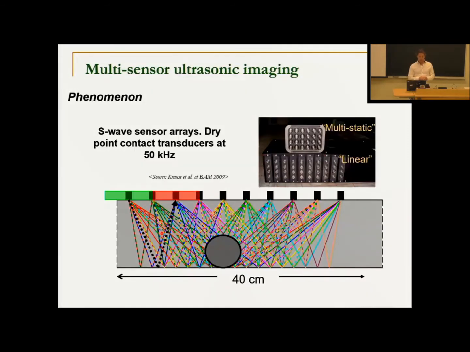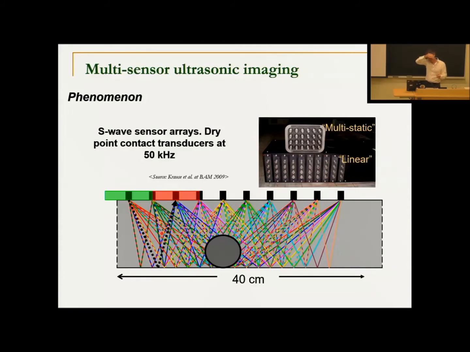Now, the idea here is that, as I mentioned before, it's difficult to use a single ultrasonic transducer in concrete in this pulse echo format because of the tremendous backscatter from one individual sensor, from all the aggregates, and therefore we don't see the defects.